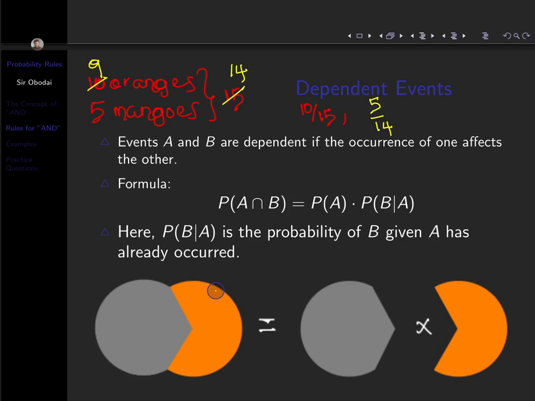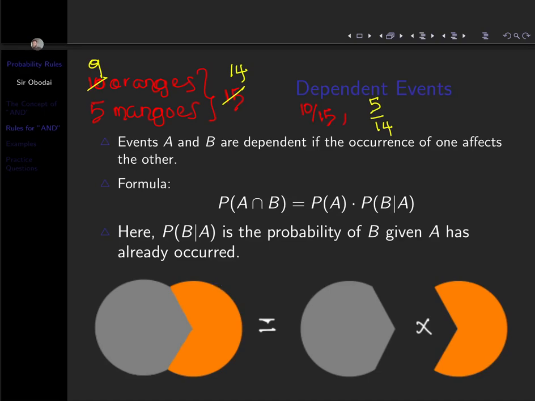But for the dependent, where one relies on the other, it is the probability of the first event multiplied by the probability of the second event, provided the first event has already occurred.